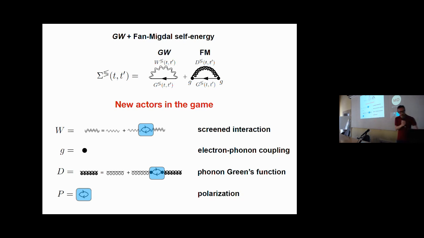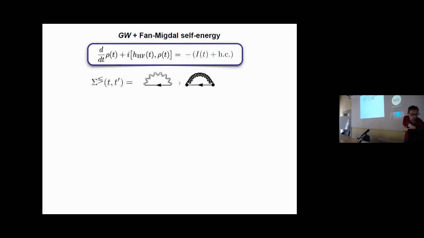So now, if we write down the equations of motion that we need, of course, we need to propagate rho according to this equation, as we did before. But now the collision integral contains these two self-energies. And on top of this, we have to propagate W, that out of equilibrium depends on 2 times.